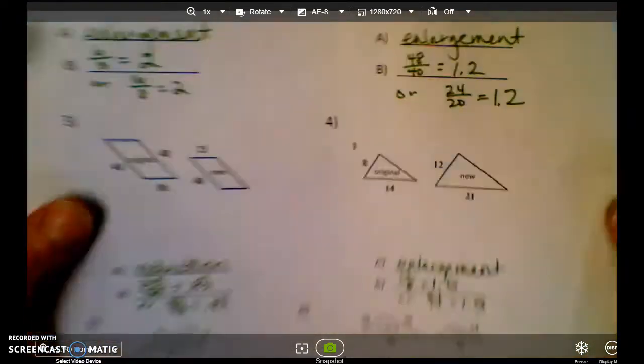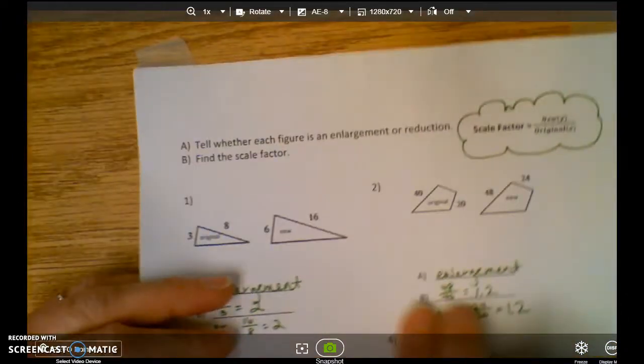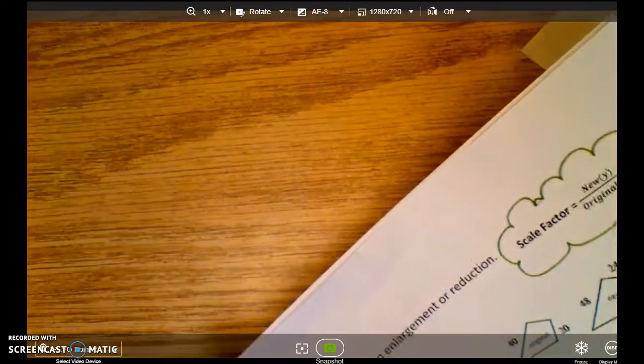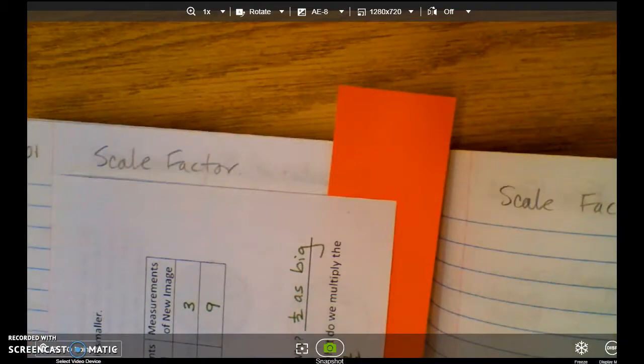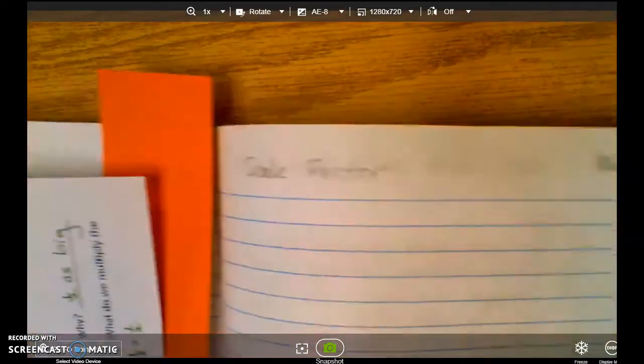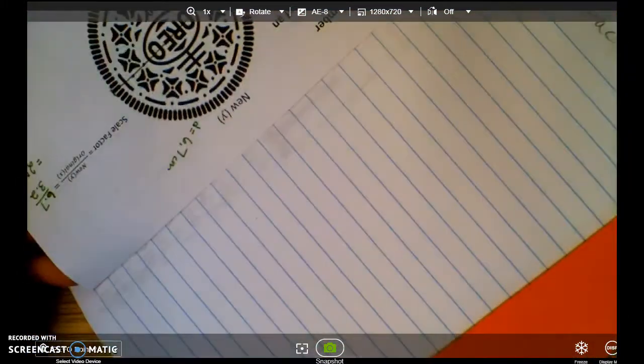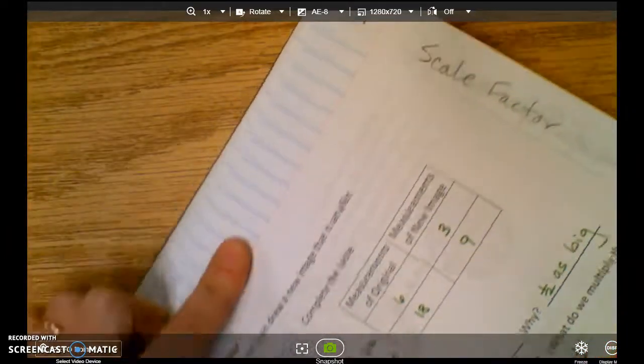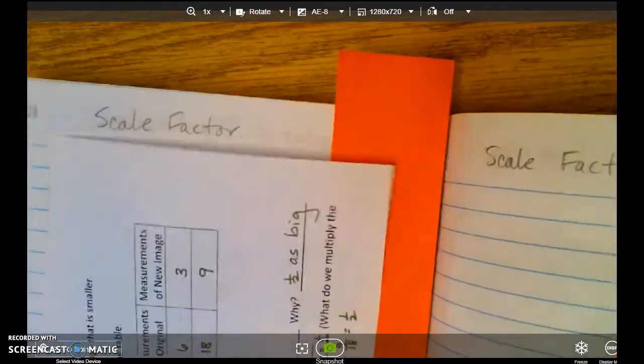So now, guys, what you're going to do is fold this in half. The half sheet itself is real simple. You're looking at page 101 and 102 for your scale factor, so make sure you put your title. This page here that we want to be able to see our Oreos on the back, you can go ahead and tape right here on the left, and that way it flops open.